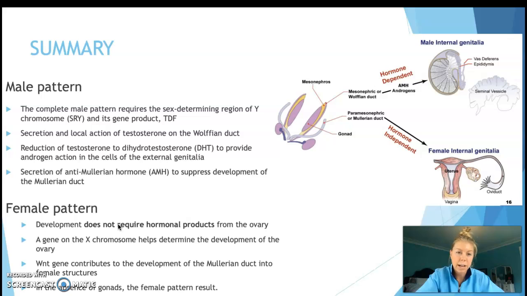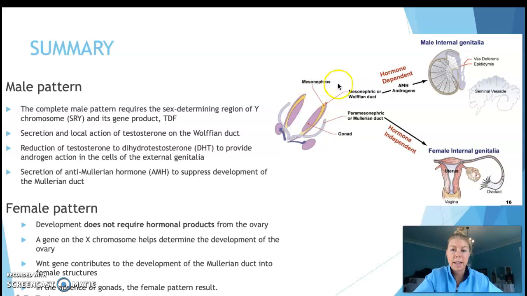The reduction of testosterone to DHT to provide androgen action in the cells of the external genitalia is also very important. And then secretion of anti-Müllerian hormone to suppress development of the Müllerian duct is also key. So lots of hormone-dependent things going on in the male pattern.